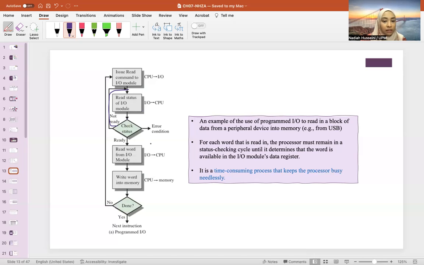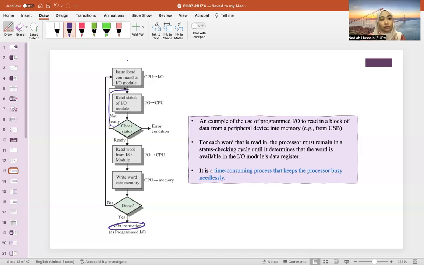So now it is ready to do the reading. Read word from IO module, and then write word into the memory. If it is done, then you can go for the next instruction. If it is not done, then you have to go back and do more reading.